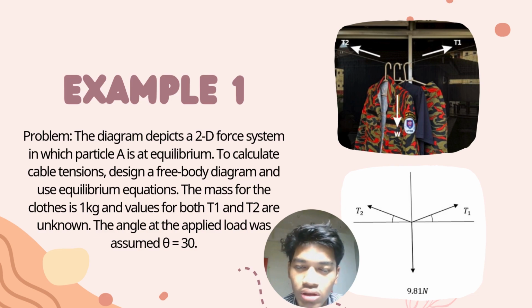To calculate the cable tension, first we need to draw a free body diagram and use the equilibrium equations. The mass of the cloth is 1 kilogram, and the values of both T1 and T2 are unknown. The angle at the applied load is assumed to be 13 degrees.